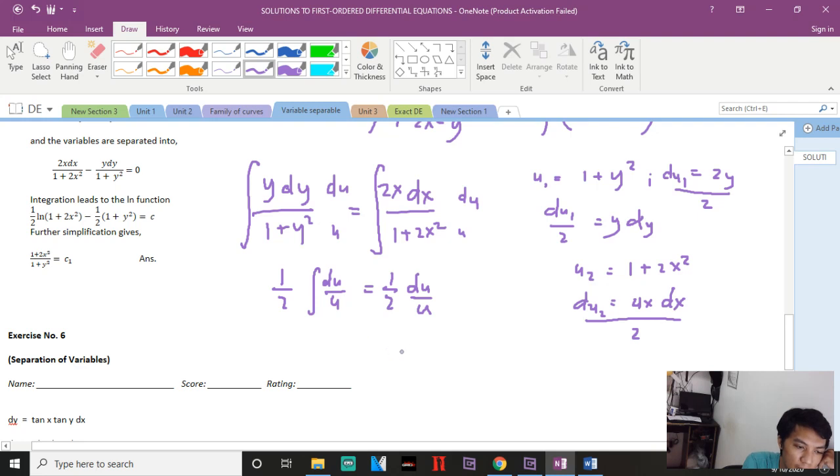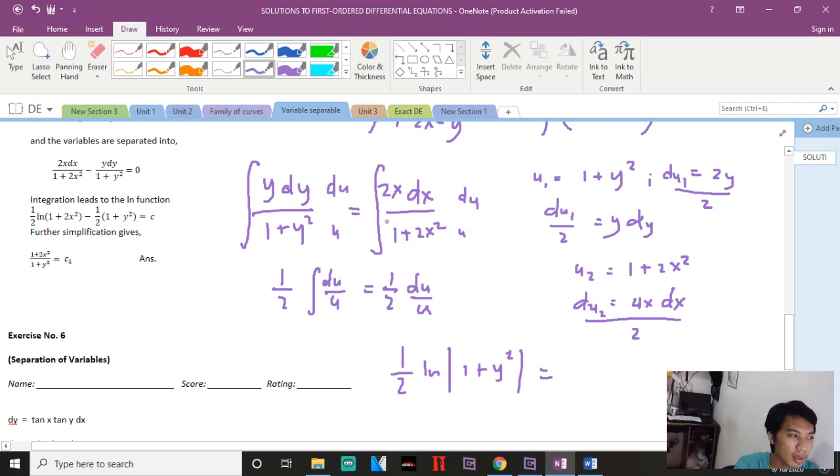So, that is 1 half ln ni, ano yung ginamit mong u? That is 1 plus y squared. Okay, may negative dyan. Wala naman. So, nasa kabila siya. X pa lang ginawa ko. Okay lang yan. Equal to yung x yung nasa kabila. So, pwede siyang ma-negative.